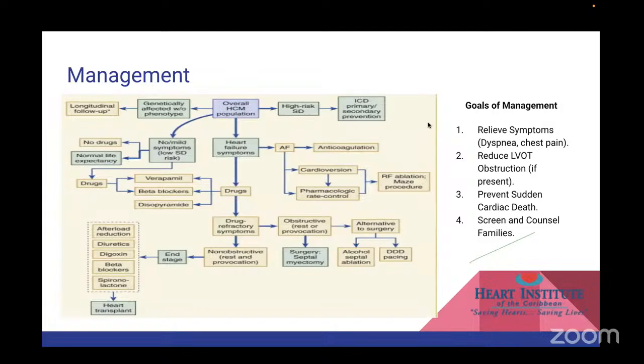For pregnant patients, HCM is not a contraindication to getting pregnant, but once they are pregnant, they should be followed up by the cardiologist and monitored.